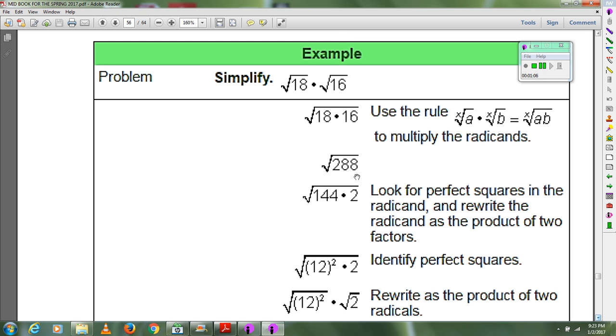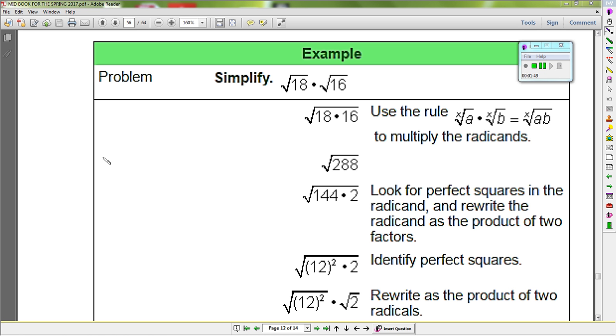Now 288 is not a perfect square, so we are going to look for a perfect square. What numbers are perfect squares? For example, 9 is a perfect square because it's 3 squared, and then 16 is a perfect square, and then you have 25, 36, 49, and so on.